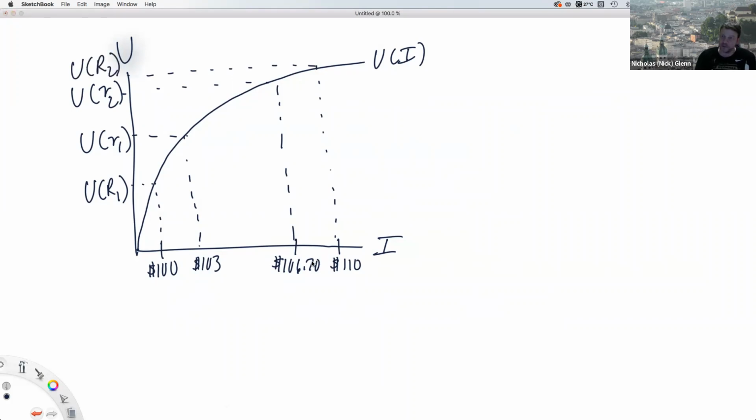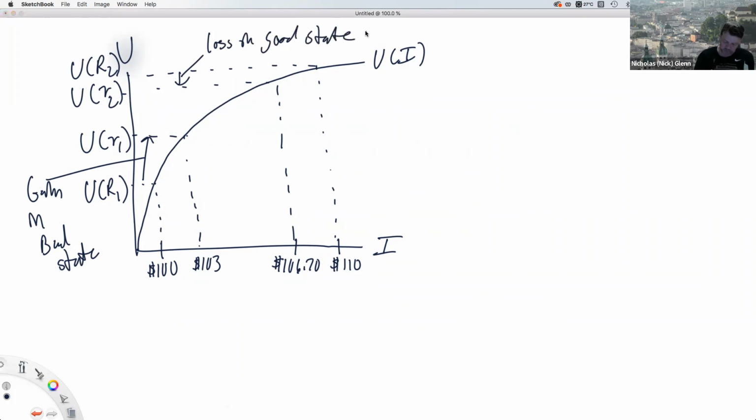Well, why do risk-averse people choose to use the bank? Well, they care more about this gain in the bad state. As you see, it's greater than the loss in the good state. Okay.